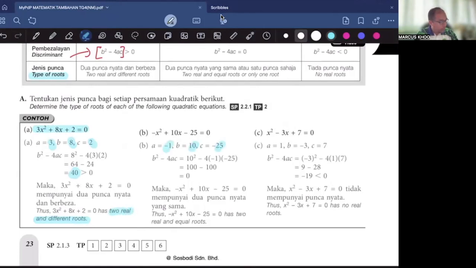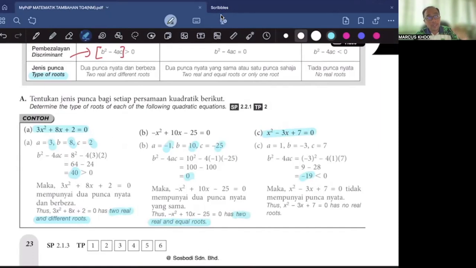You will get the final answer 0. If your b squared minus 4ac equals 0, it means two real and equal roots. Finally in example C, you calculate and get -19. The discriminant value is less than 0, so the conclusion is that this particular equation has no real roots.